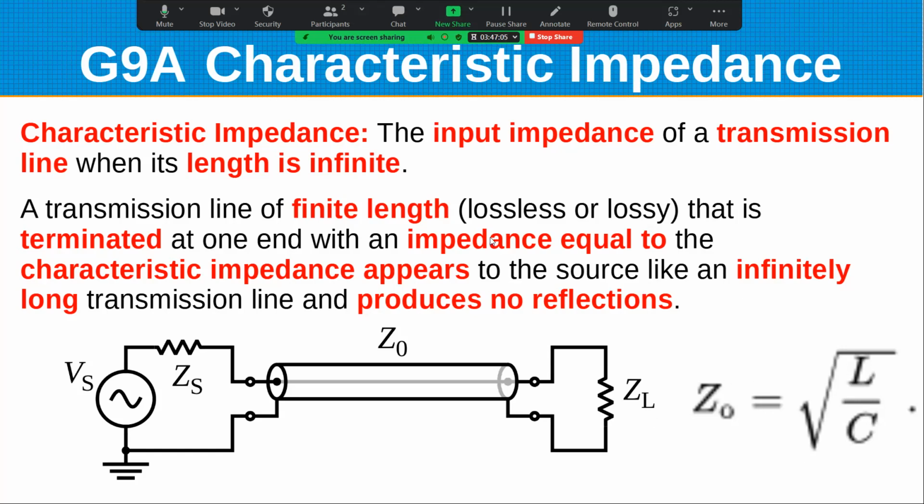The key thing is you need to terminate it on both ends in its characteristic impedance. If it's not, then you're going to get a reflection, and that will give you an SWR of something other than 1-to-1. And we'll talk about that a little more.